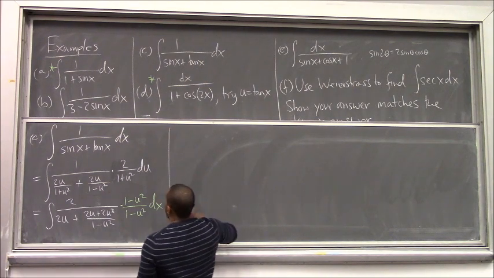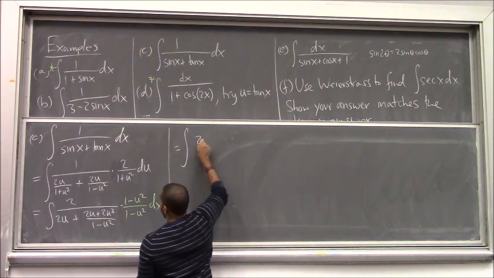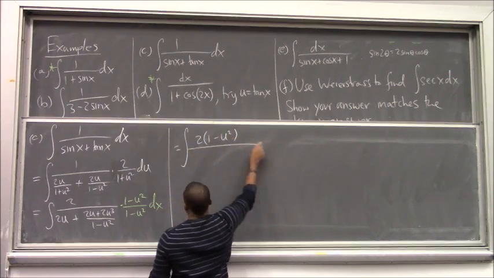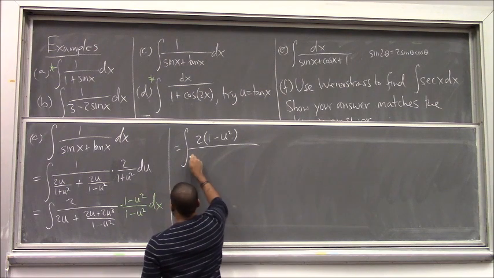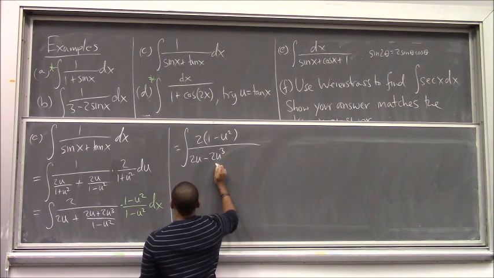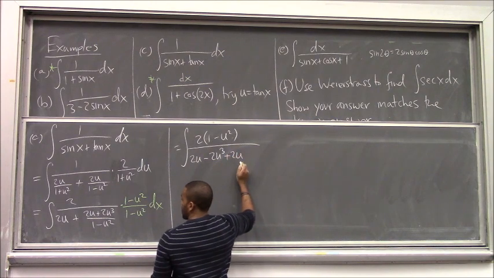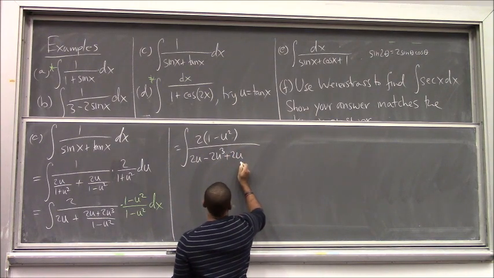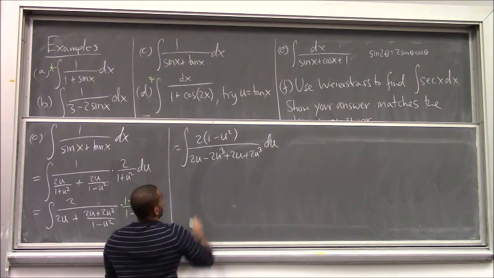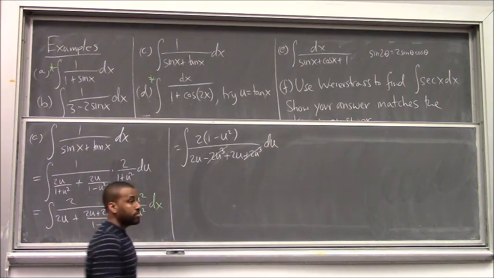So what we have now is 2 times 1 minus u squared over, here I would have 2u minus 2u cubed plus 2u cubed. The cubes actually die.